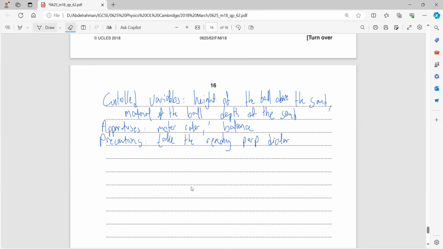Okay, perpendicular to the ruler. You can make sure, for example, that the balance is set to 0. Set the balance to 0 before taking the mass, for example.